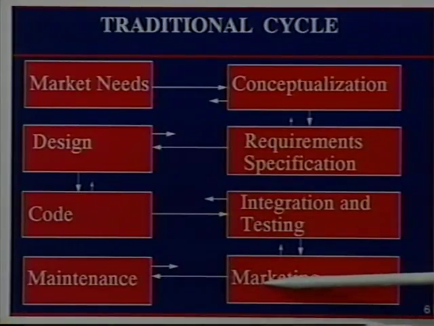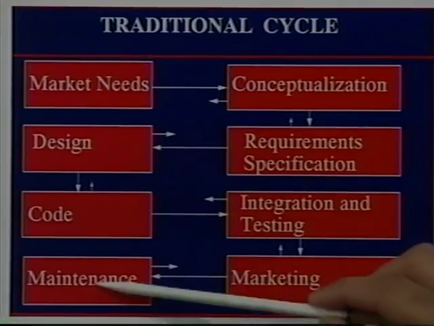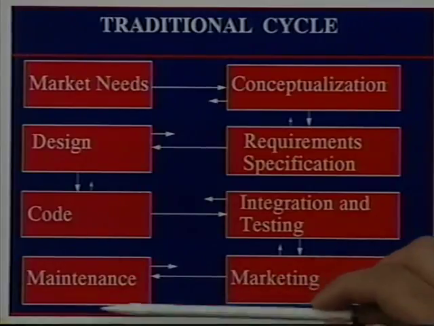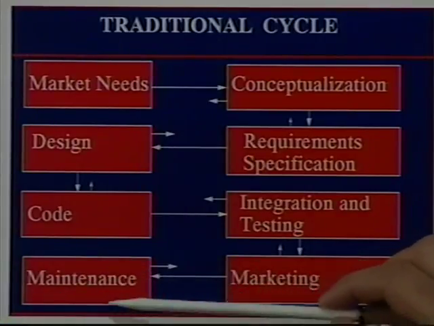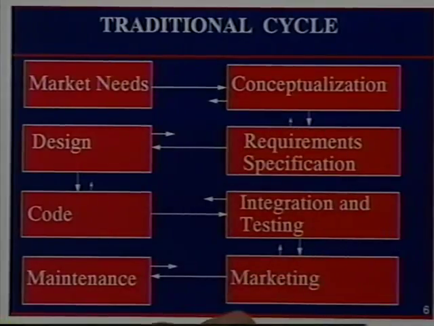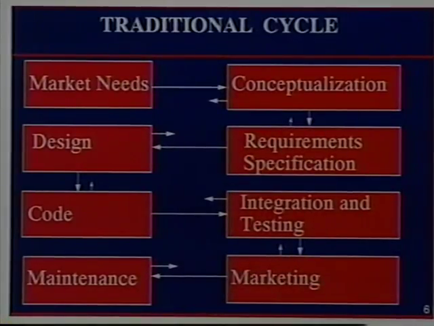Then we go to the marketing stage and sell this product, and finally there is a maintenance stage where we maintain. Although we show this as a lonely stage, the maintenance many times may cost more than the product development, and you have to keep that in mind. That's the reason why object-oriented software development is useful, because it's easy to maintain.